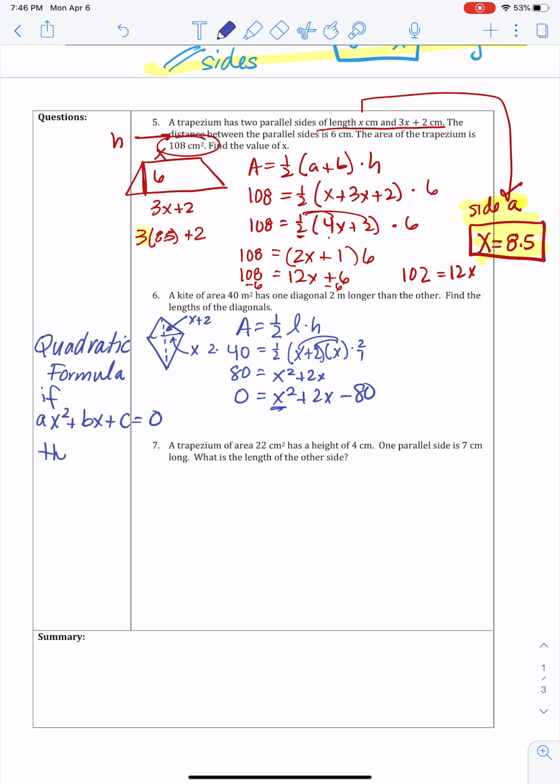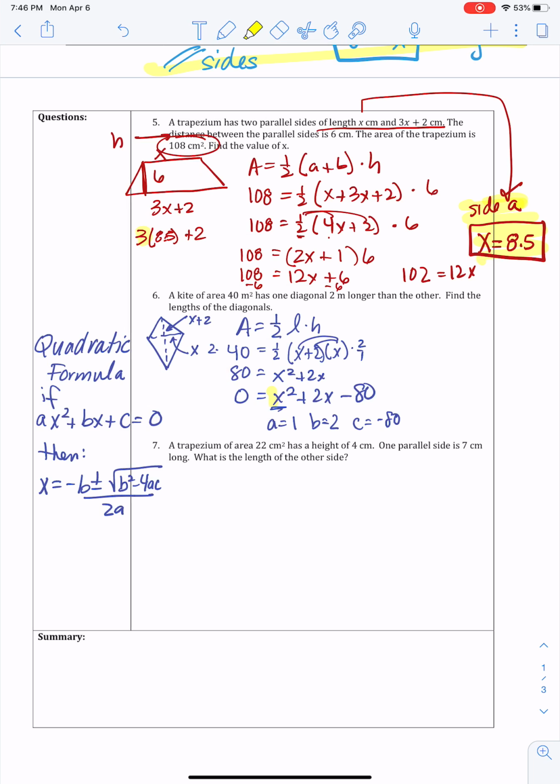Then we have to use this formula, which is x equals, and we did this in class, don't forget, minus b plus or minus the square root of b squared minus 4ac all over 2a. So that means that from this formula, a is 1, b is 2, and c is negative 80.